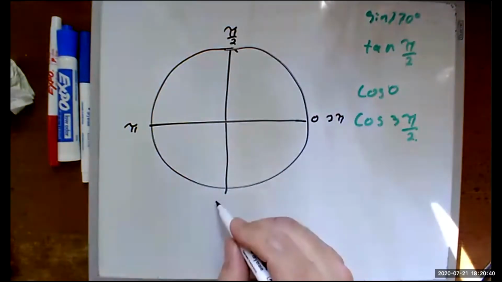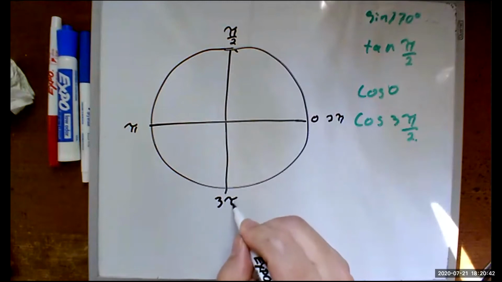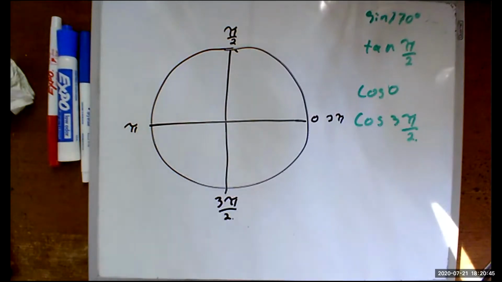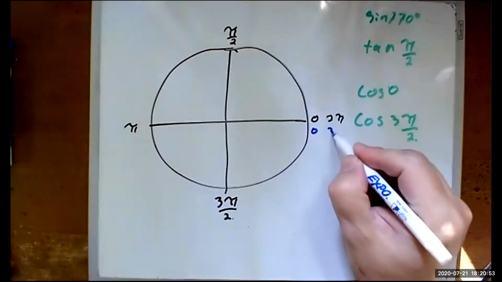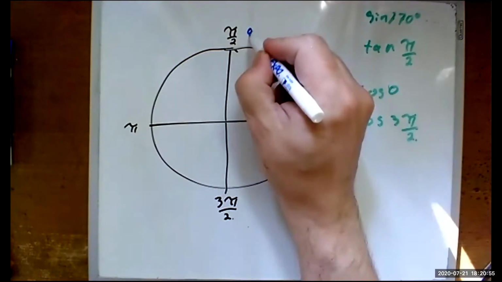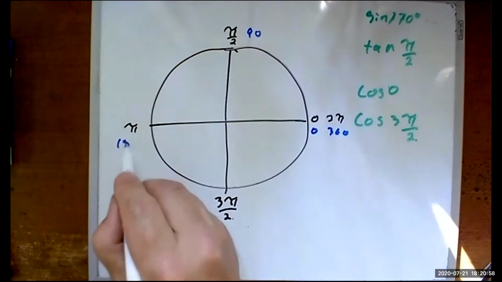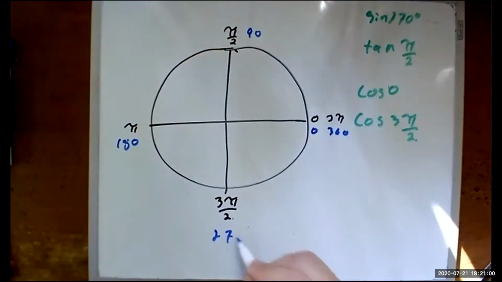Pi over 2. And 3 pi over 2. And then, of course, we're also dealing with degrees. We're dealing with 0 or 360, 90, 180, and 270.